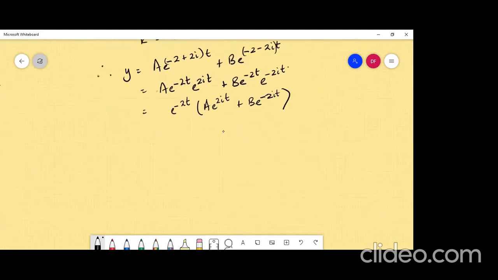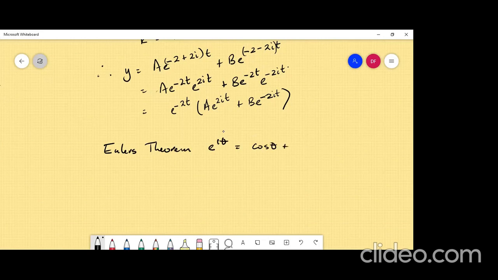All right, so Euler's theorem says e to the i theta is equal to cos theta plus i sine theta.